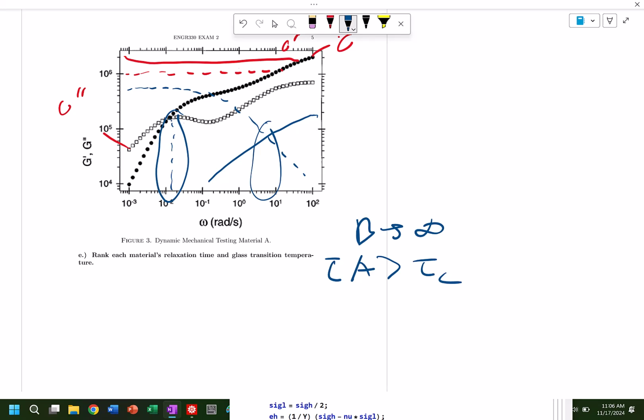So smaller relaxation frequency, larger relaxation time; larger relaxation frequency, smaller relaxation time. Glass transition temperature scales the exact same way. My Tg of A will be greater than my Tg of C. And the Tg of B is basically infinite.